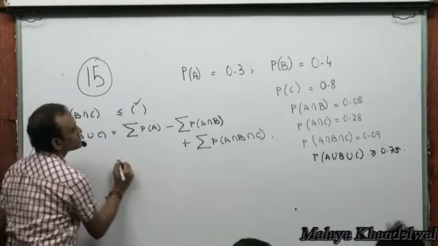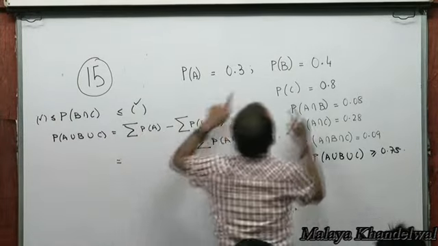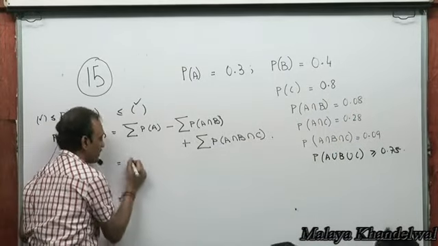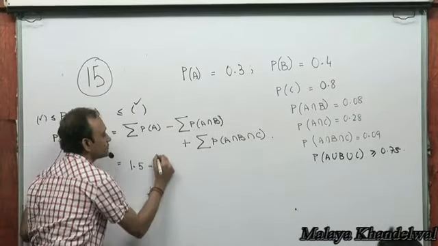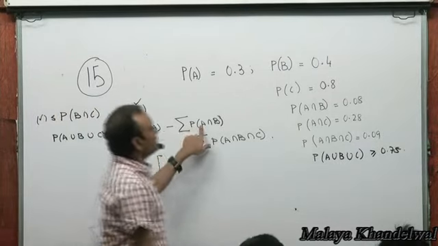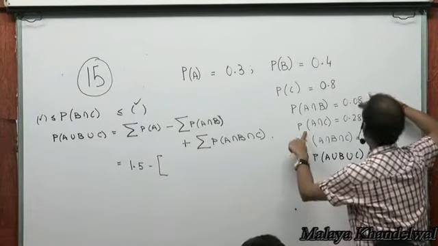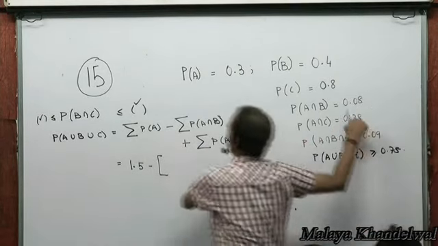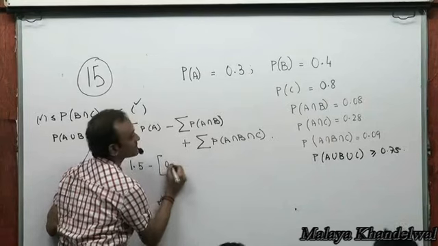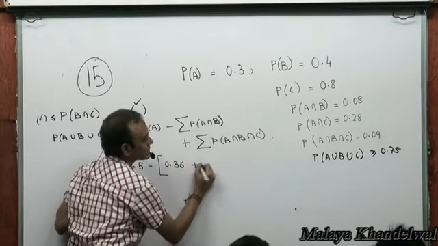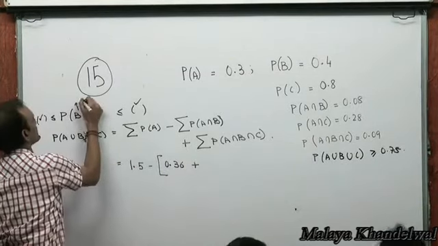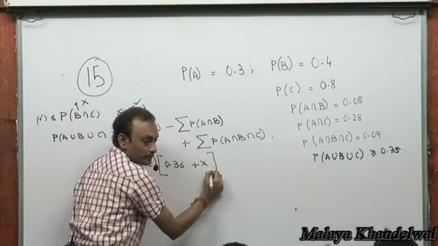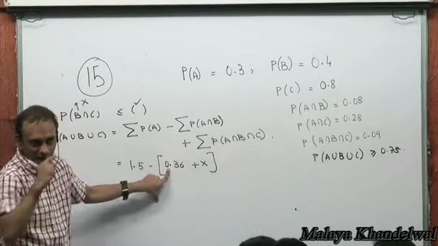Now, what does this turn out? PA plus PB plus PC: 0.3 plus 0.4 plus 0.8 is 1.5. Right? This is 1.5 minus AB, BC, CA. AB plus AC is 0.36, right? So 0.36 plus X, where suppose P of B intersection C is X. I hope you realize what I did here.